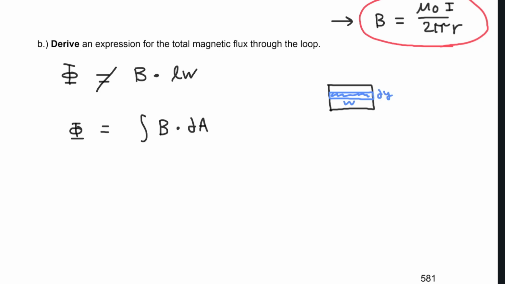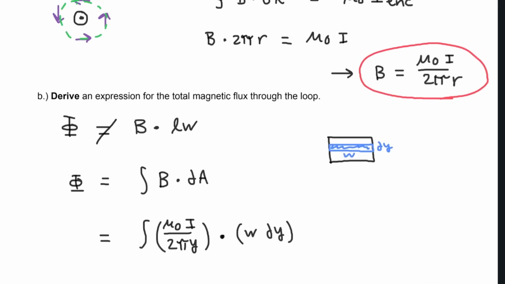So that's going to be our area expression. The magnetic field as a function of y would be mu naught I over 2 pi y. And then we multiply by the area, which would be just the width times dy.